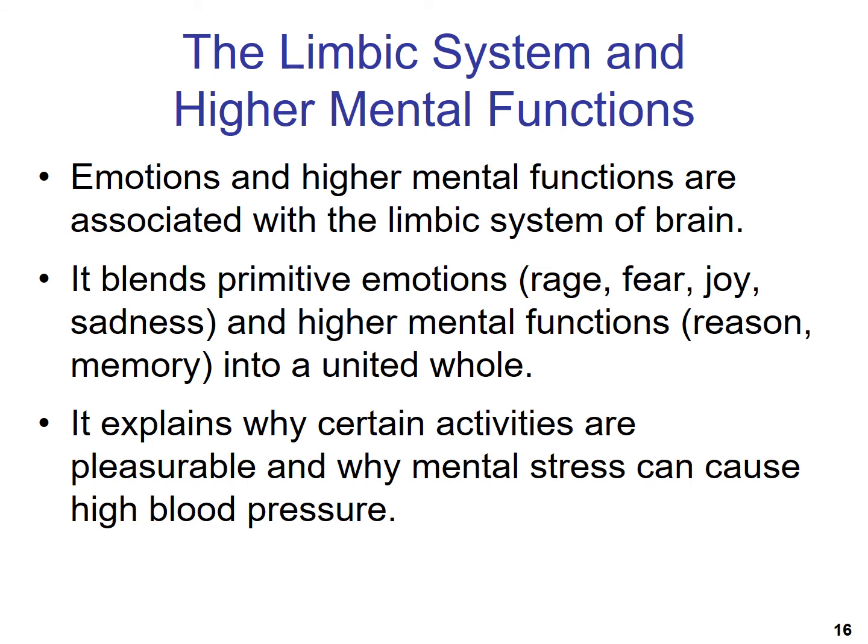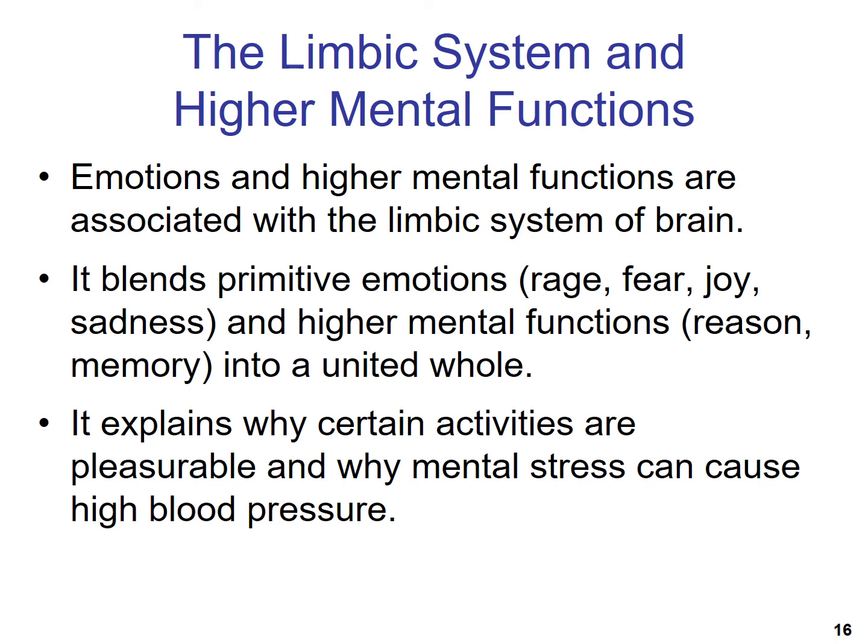Okay, so the next thing that I want to talk about is the limbic system and higher mental functions. The limbic system associates emotions and higher mental functions. So basically it blends emotions and things like reason and memory into one basic reaction. If you remember doing something and you're happy about it, it's the limbic system that does that.